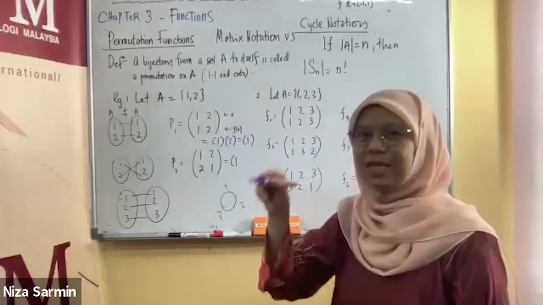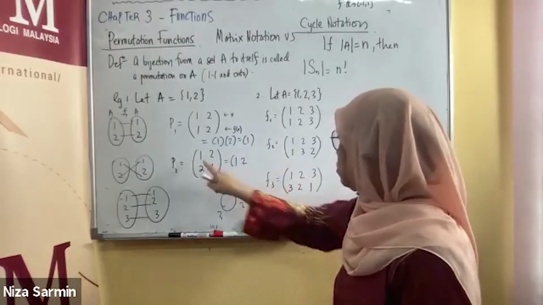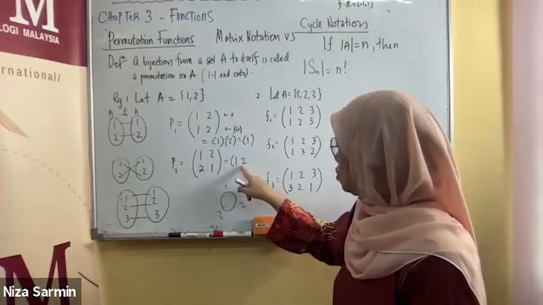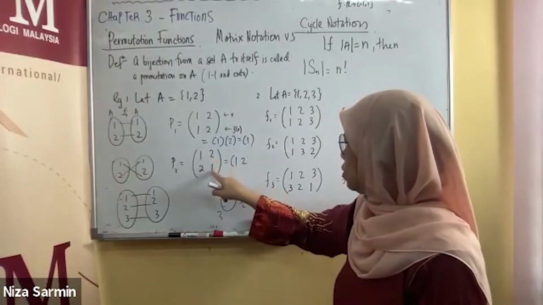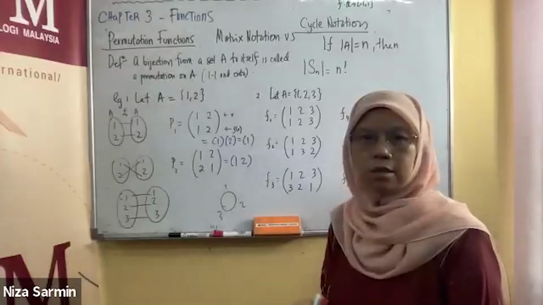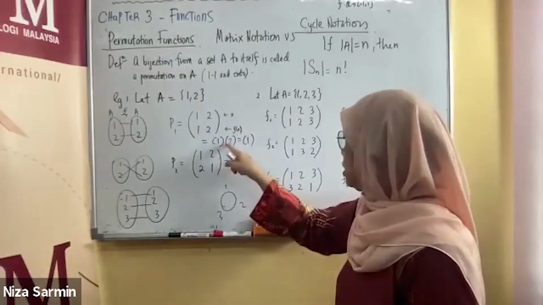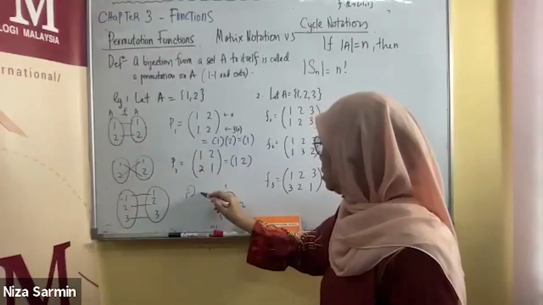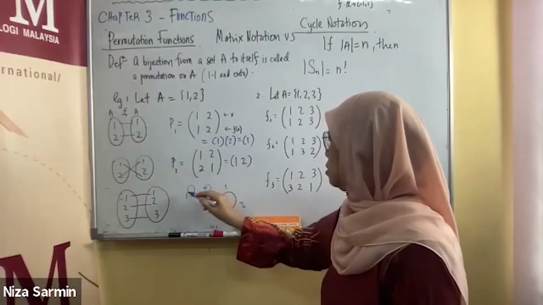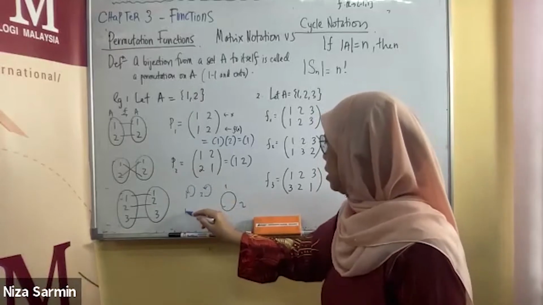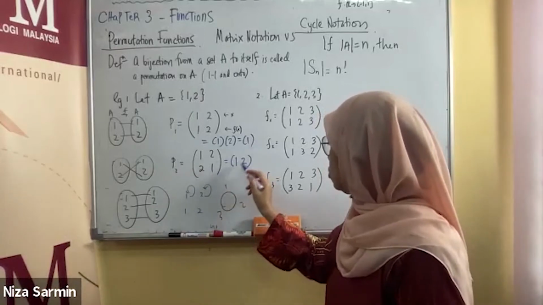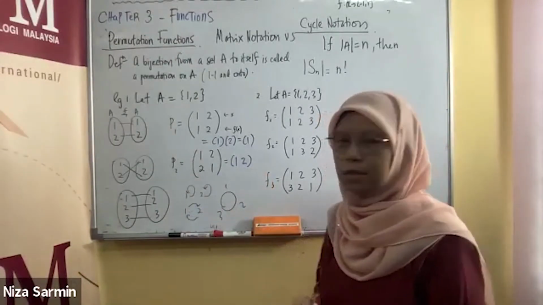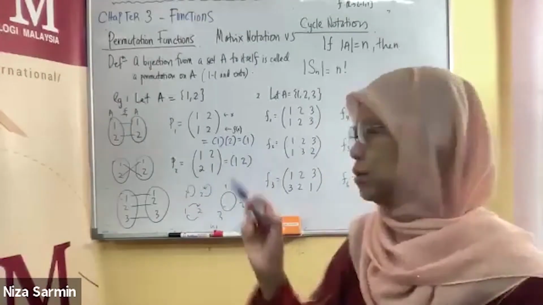Go to the right means the image, yeah? 1 goes to 2. And then where does 2 go? 2 goes to 1. So when you read this, if there is a 1, 1 goes to 1. There is a 2, 2 goes to 2. If you have 1 goes to 2, 2 goes to 1, that is the cycle going around.